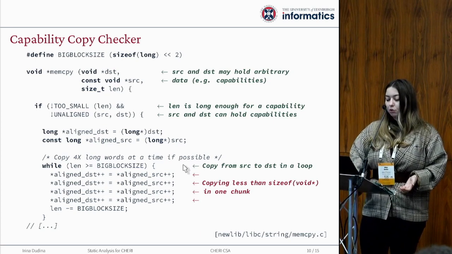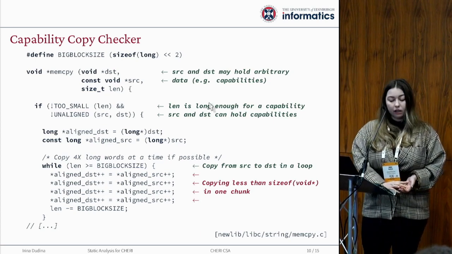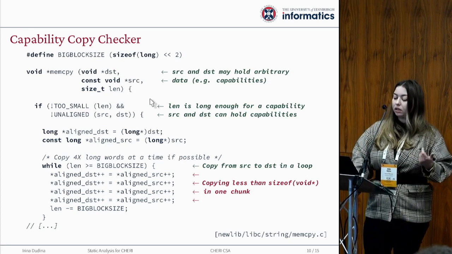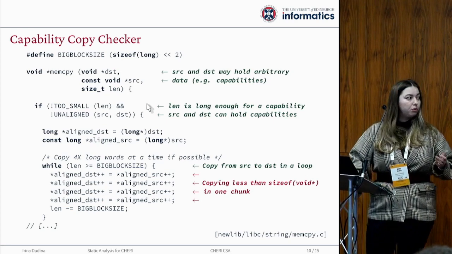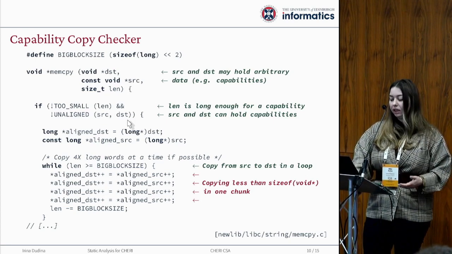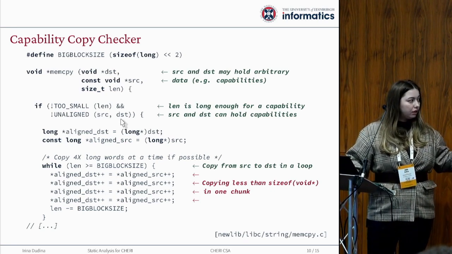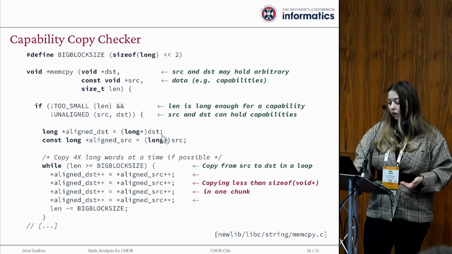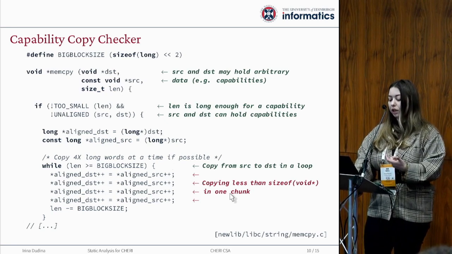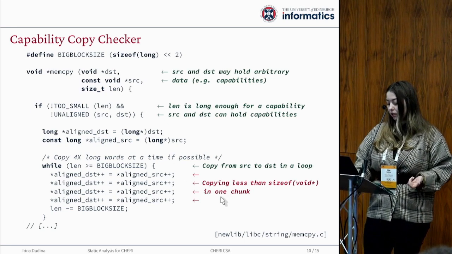So for that, we need to track memory regions that potentially contain capabilities, check that the copy is not too small, so we can actually copy a capability, is not unaligned, so indeed this could be a capability copy, and then that the chunks that we are copying with are small.